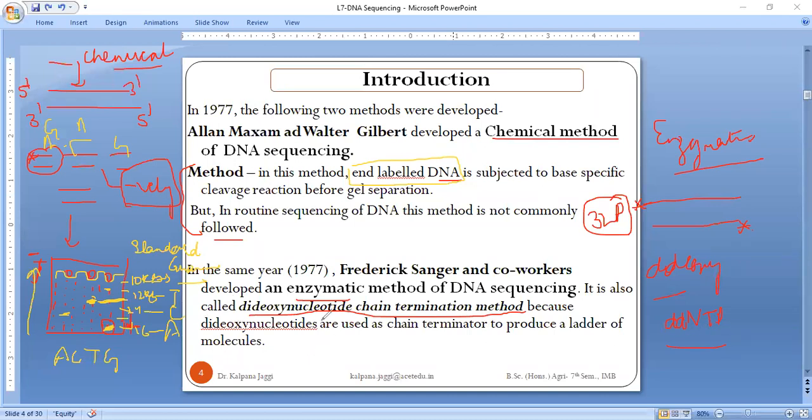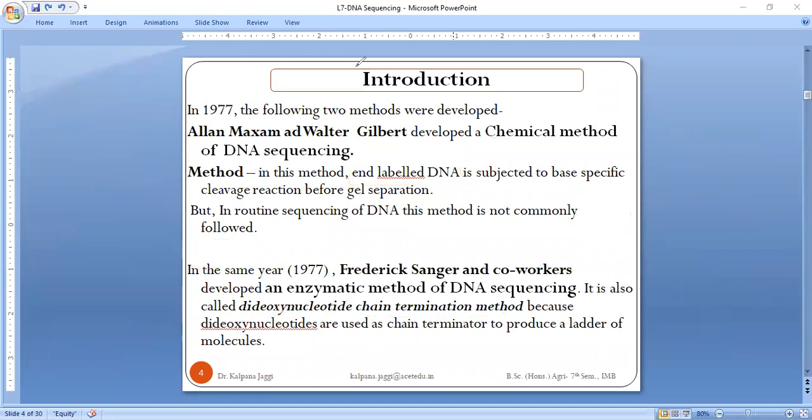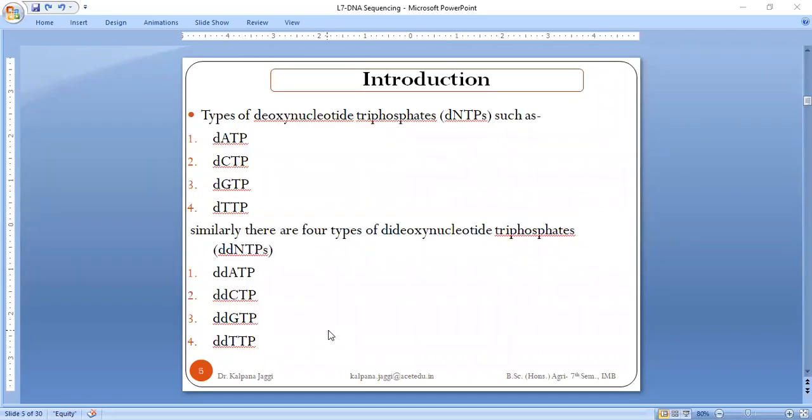Because the principle behind the use of this method is that wherever dideoxynucleotides get attached, at that particular point the chain will be terminated. So this is just the basic concept behind the two methods. We will be discussing all of these in detail.